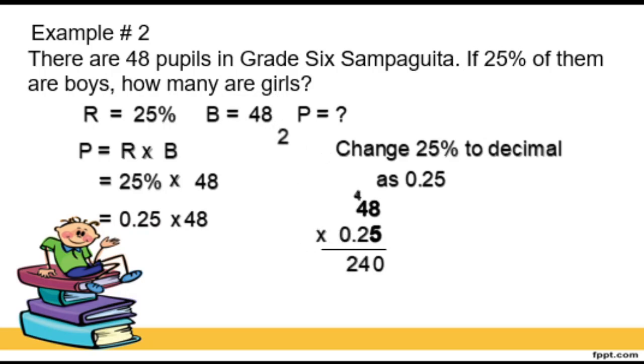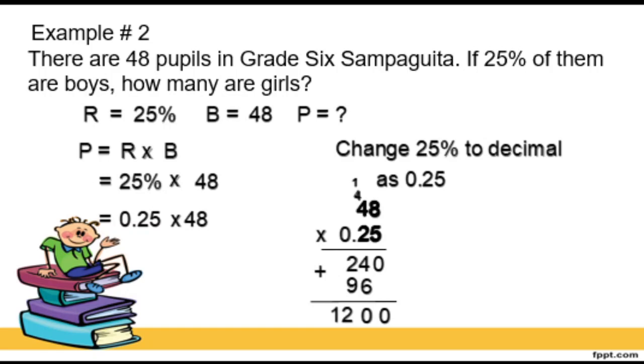Then 2 times 8 is 16, carry 1. Then 2 times 4 is 8, plus 1 is 9. And then plus, bring down 0. 4 plus 6 is 10, carry 1, 3 plus 9 is 12.